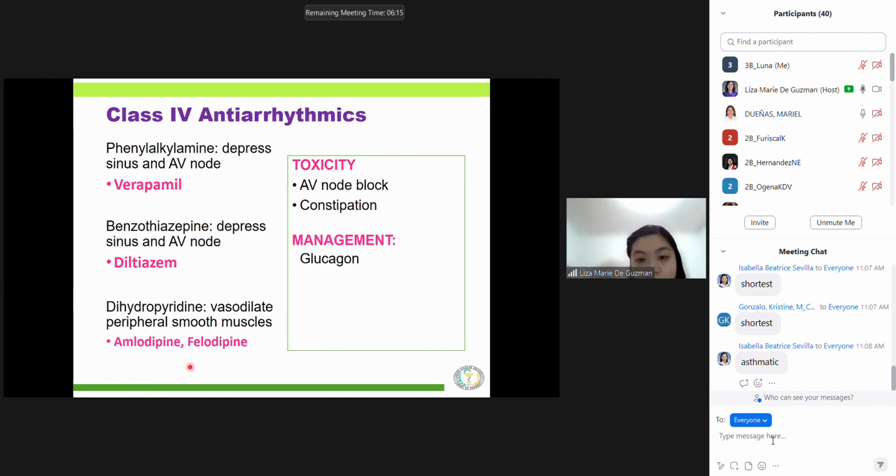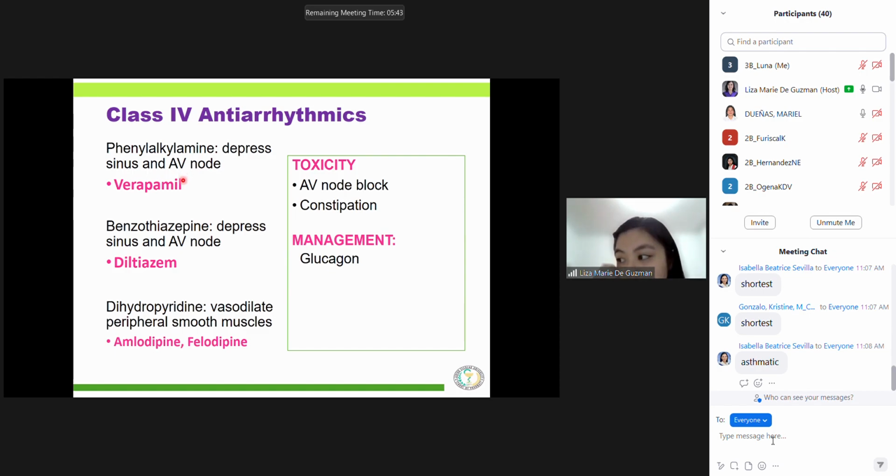And then lastly, we have class 4 antiarrhythmics. We have the phenylalkylamine, whose action is to depress the sinus and the AV node. We have verapamil. Then benzothiazepine, we have diltiazem. And then the dihydropyridines, the dipines like amlodipine and felodipine. Constipation is usually seen in patients taking verapamil.